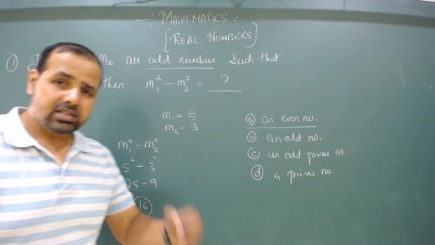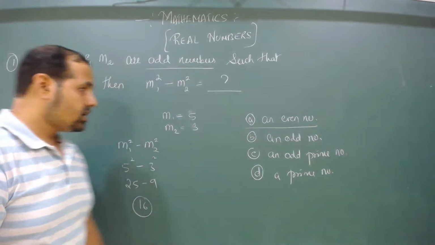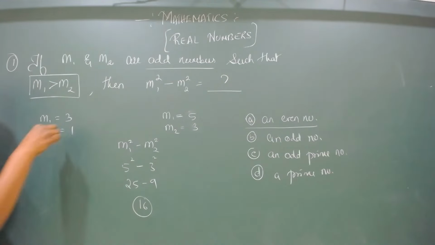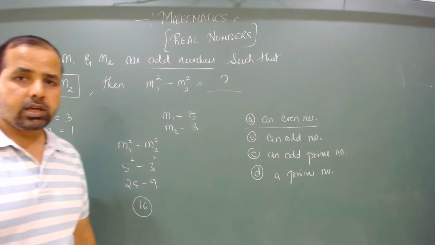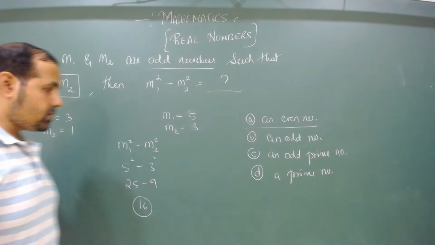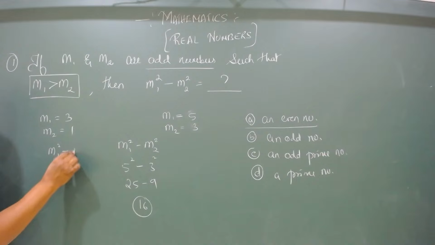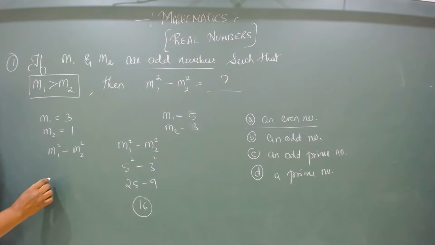Let us try another simple number. Much simpler: if I take M1 as 3, M2, the easiest one, I'm going to take 1. 1 and 3 are both odd numbers. Again, I'm going to apply M1 square minus M2 square.